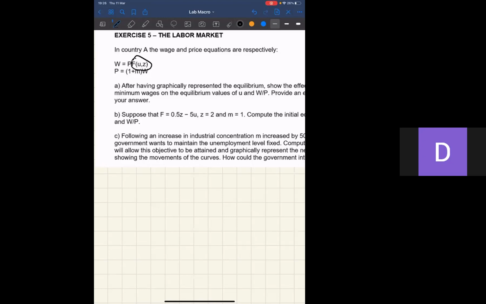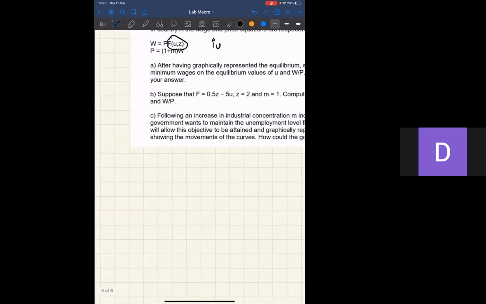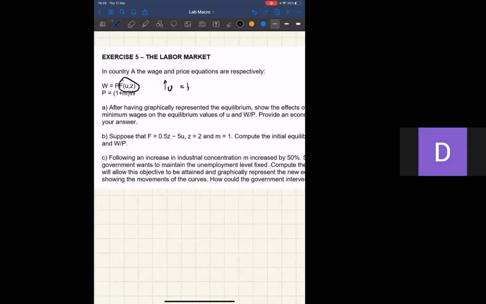And another person asking for €30 a month. Therefore, as unemployment increases, the wage is going to go down. And this function, as we were dealing with before, is decreasing in U and increasing in Z. But that's just a quick rundown of the formulas, just to get you guys into the mood.